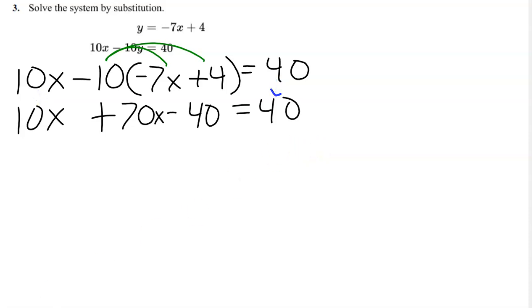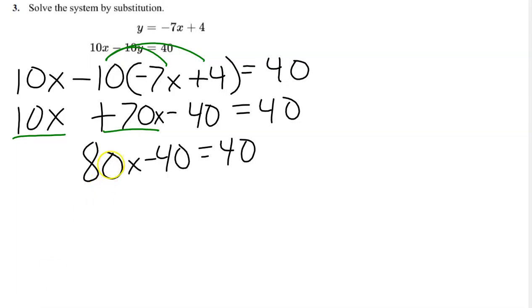Okay, I'm going to combine my like terms, which is 10x and 70x. And then 10 plus 70 is 80. So I have 80x, and I bring down the negative 40 and the positive 40.